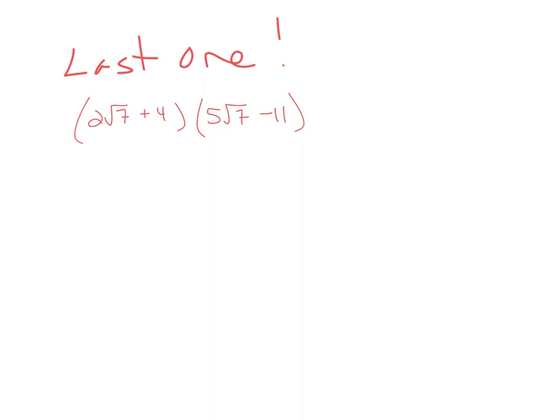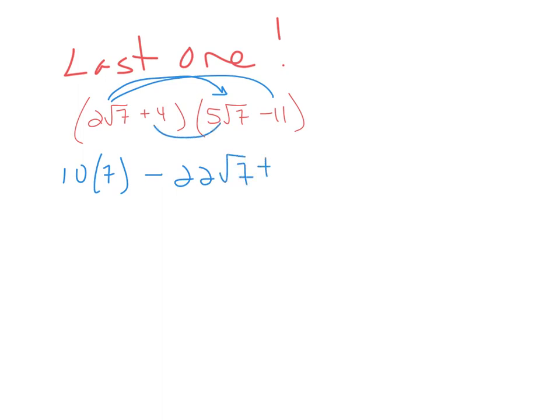All right, hopefully you noticed this was not conjugate binomials, so you're going to actually probably have to just multiply everything out. So we'll do these two first. That'll give me 10, root 7 times root 7 is 7. So I'm going to write 10 times 7. Multiply these next. That'll give me negative 22 root 7. These will give me positive 20 root 7.